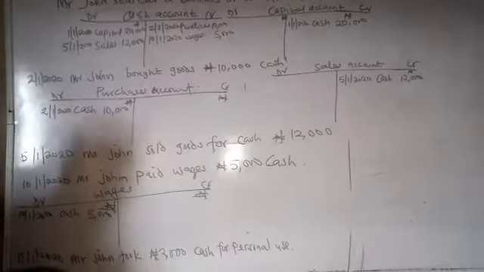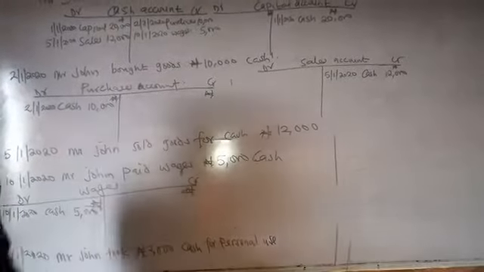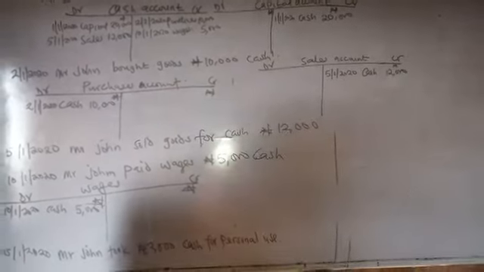What this means is that Mr. John collected part of his cash for his own personal use, not for the business use.